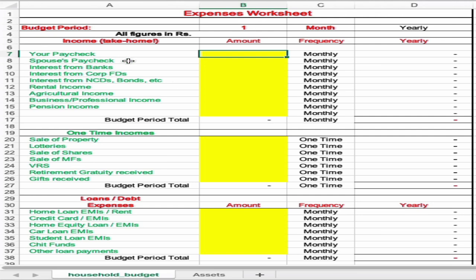Use these green things as a checklist. Now sometimes you may not have a salary, but you may have a business income. Then you will see here business or professional income. You can enter the amount over here. But if you don't find what you want here, this green means you can overwrite the item that is there to suit your requirements.